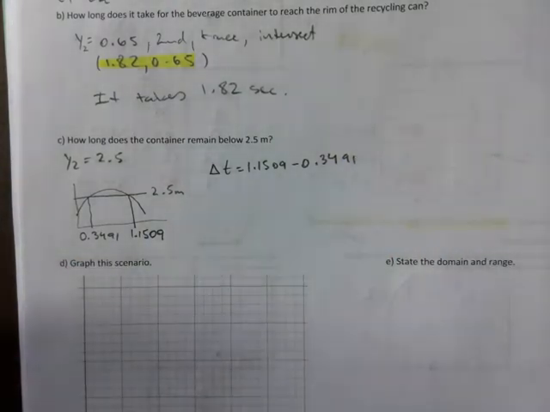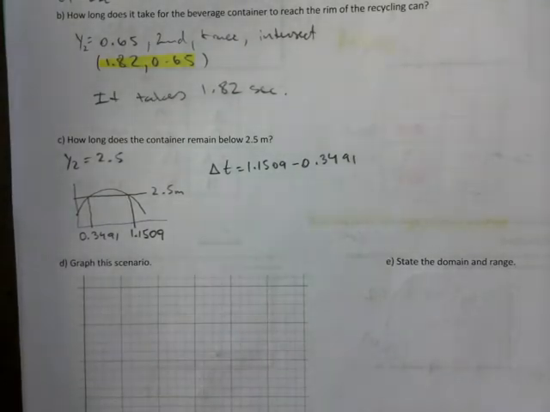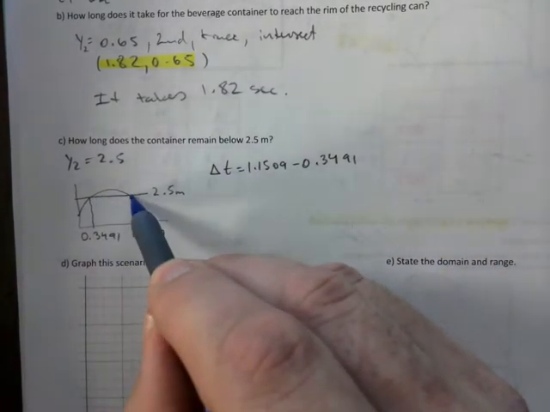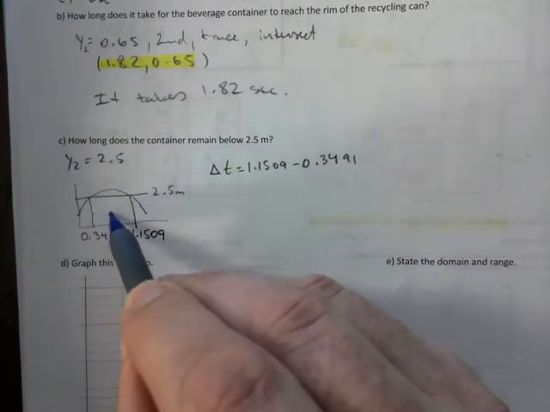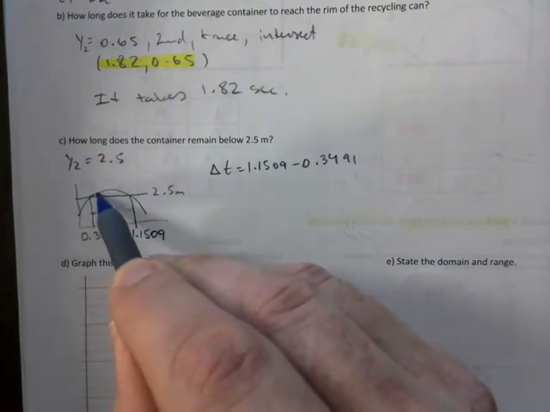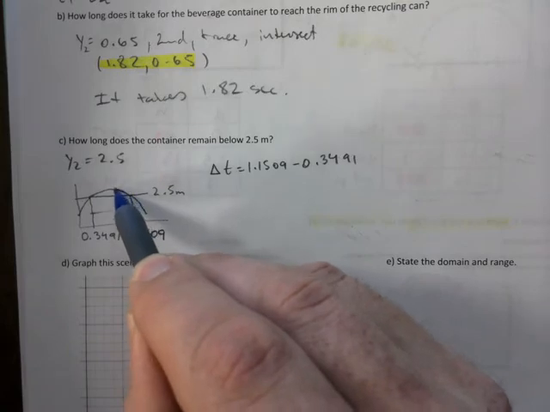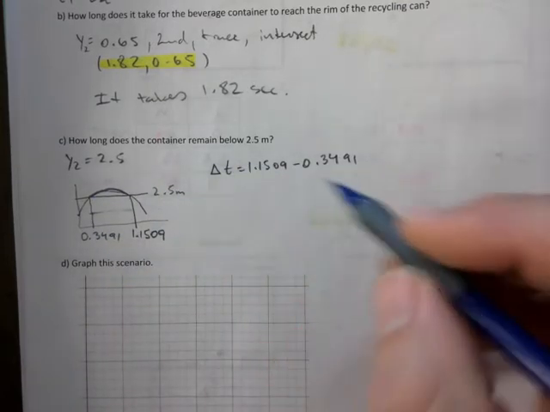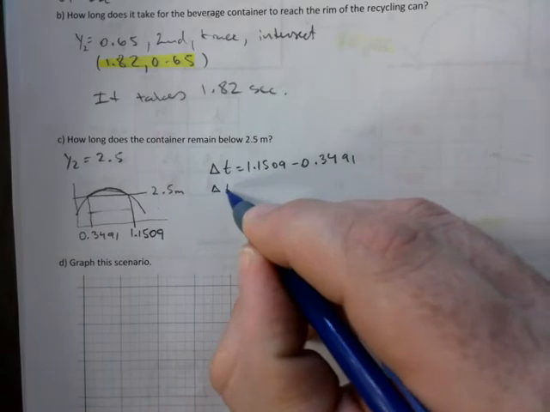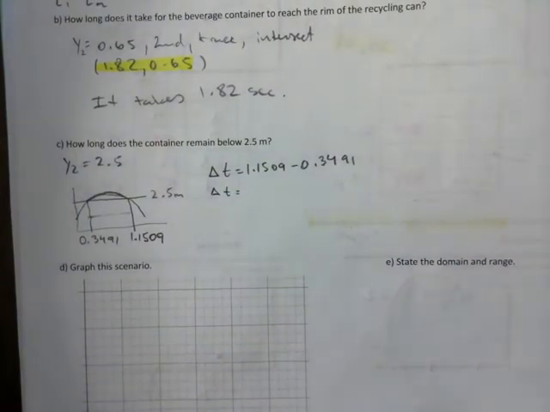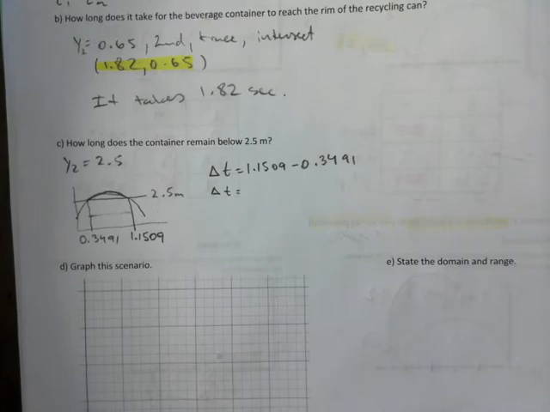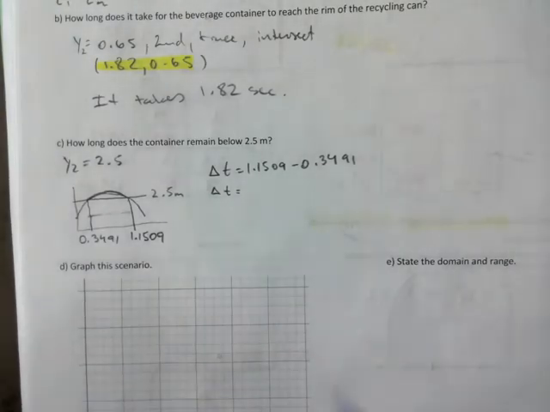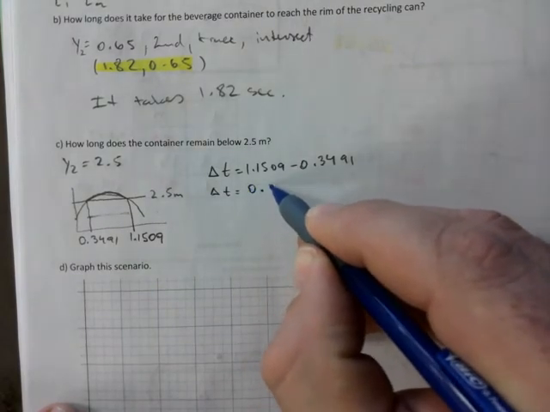And I think I'm not done yet. I'm not done this question, because when I subtract these two, what am I finding really? The time that elapsed, right, when this thing was above. So I will make a note of that when I do the calculation.